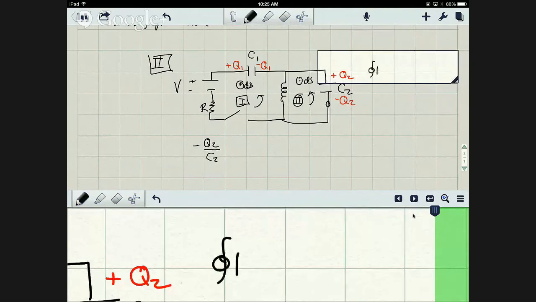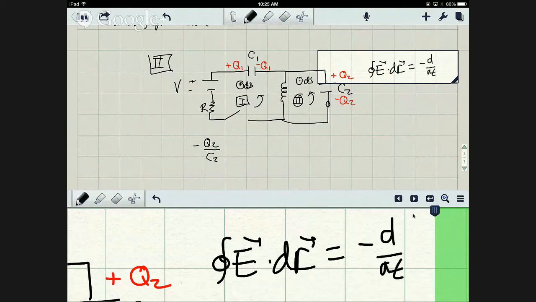And so the law we're using is the integral of E dot dr around the loop, which is what we just did for loop 2, is negative d/dt of the flux, and that's plus or minus Li.